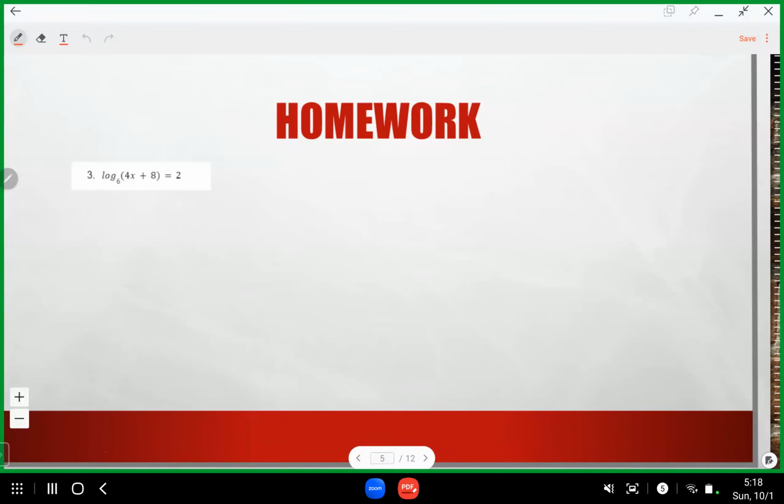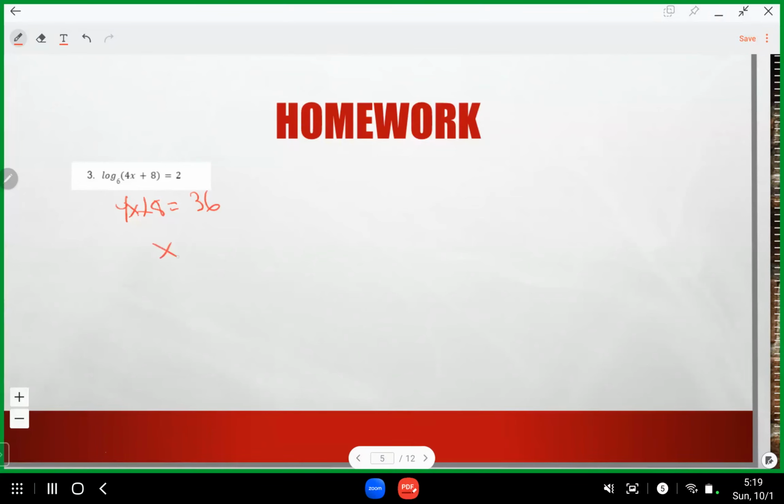This one is a bit difficult. So 4x plus 8 is going to be equal to 36. No, never mind. It is not hard. I was thinking about an exponential equation that we'll do later on, but this one is easy. This one is pretty easy.